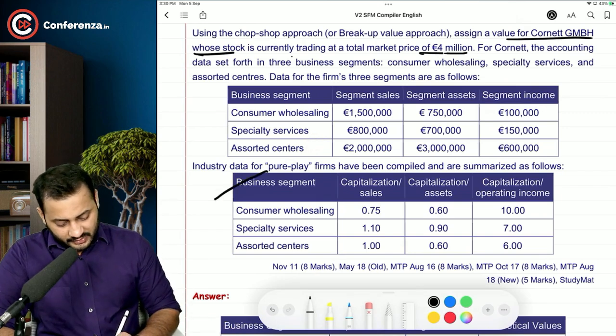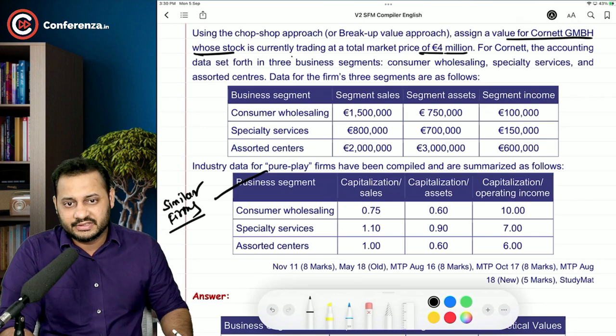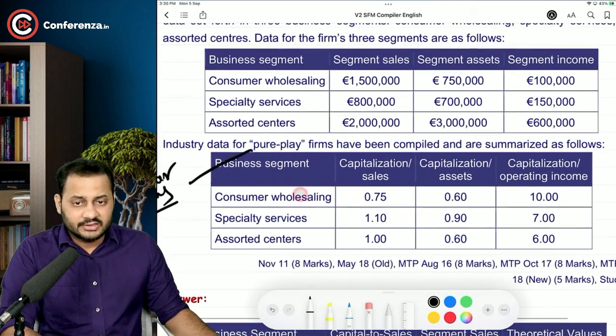What do you mean by pure play firms? Similar firms. It means firms just like us in the market, or we can say the competitors. So the industry average data for the similar firms have been compiled and summarized as follows. We just have to analyze this now.